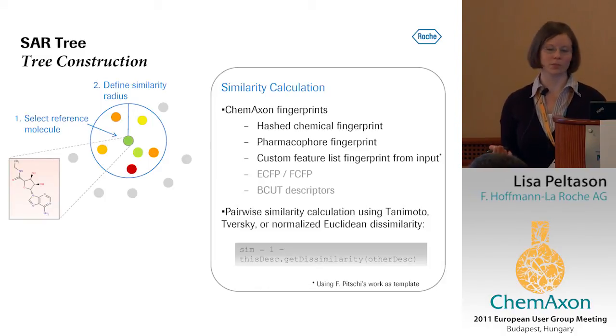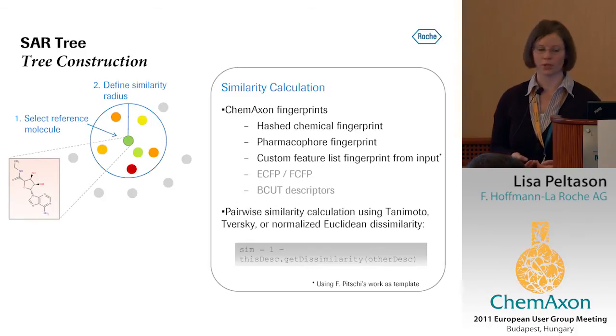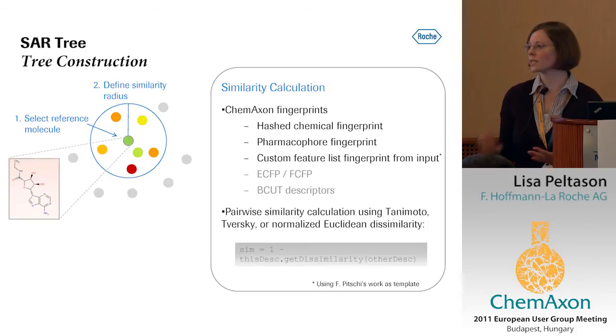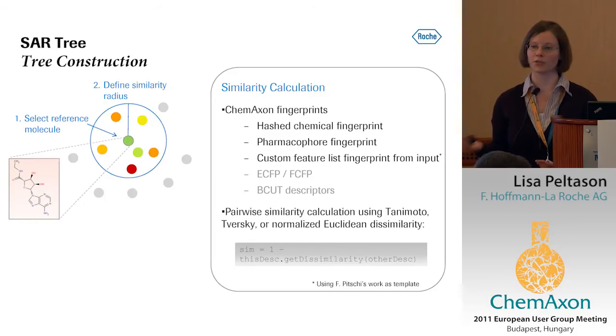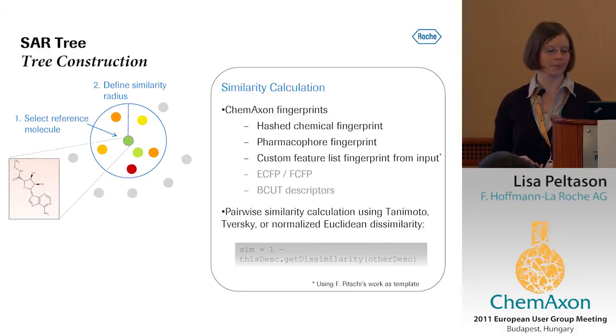However, it is also possible to select any other kind of fingerprint. For example, the pharmacophore fingerprints provide a fuzzier similarity relationship. And it is also possible to load custom feature list fingerprints from the input that might have been calculated with some external program.